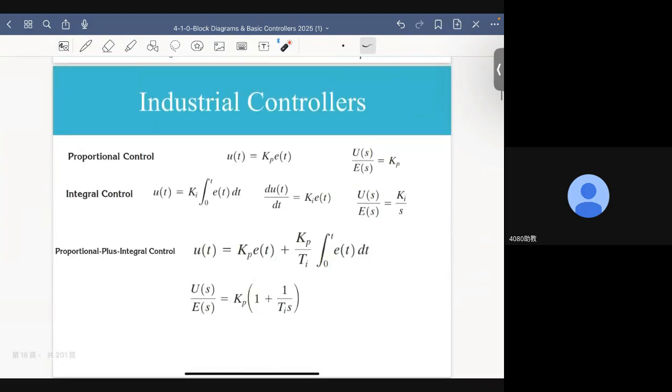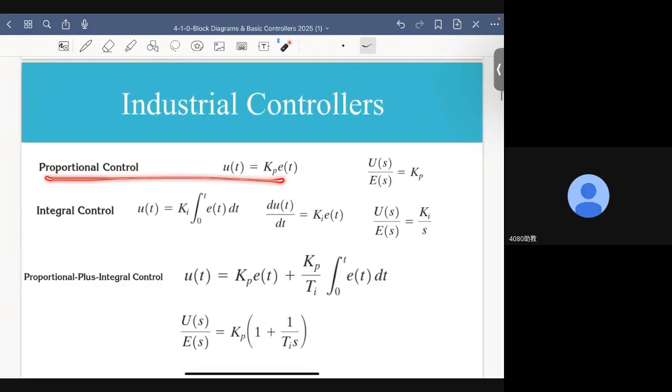Now, let's go one step further. On-off control apparently is one of the simplest control methods, okay? The other one, if we want to go one step further to make our control action more flexible, is proportional control, okay?